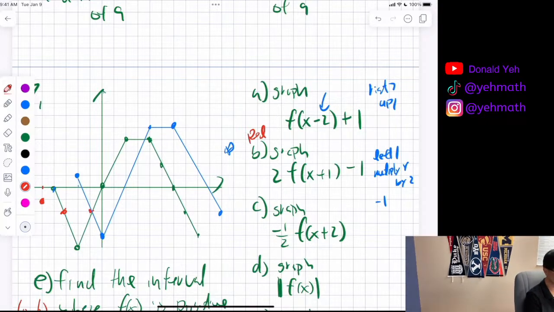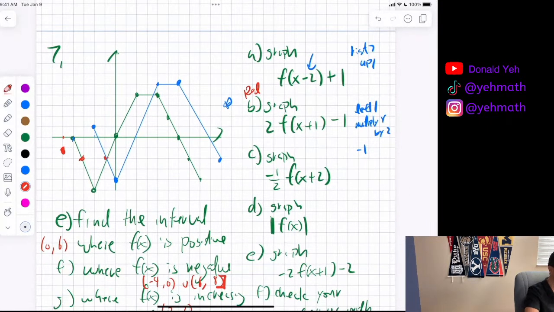Okay, so that's my first point. And this point here is gonna be a little bit more. So this point is moving to the right. Wait, left. I got my left and right confused. Am I doing okay? Left 1, and then multiply by 2. So 5 times 2 is gonna be 10, and then go down 1, so it's gonna be like this. Okay, this point is moving left 1, I think.